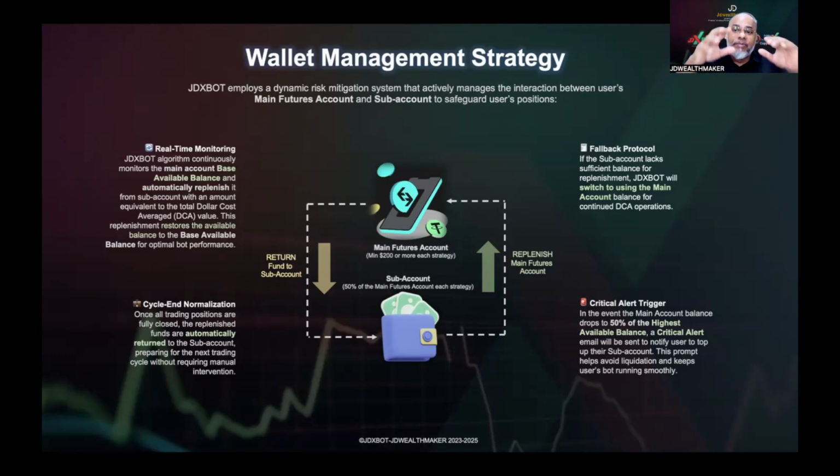So in that event, when it starts to reduce and reaches, let's say, 50%, in this example $200, 50% will be $100. The moment it reaches $100 or below, the user will receive a critical alert email notification to tell them that their main account has already depleted below 50%, and they need to prepare and get ready to top up their sub account.